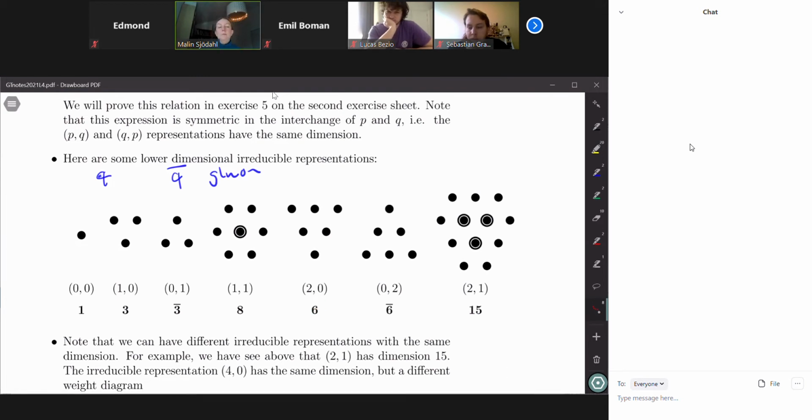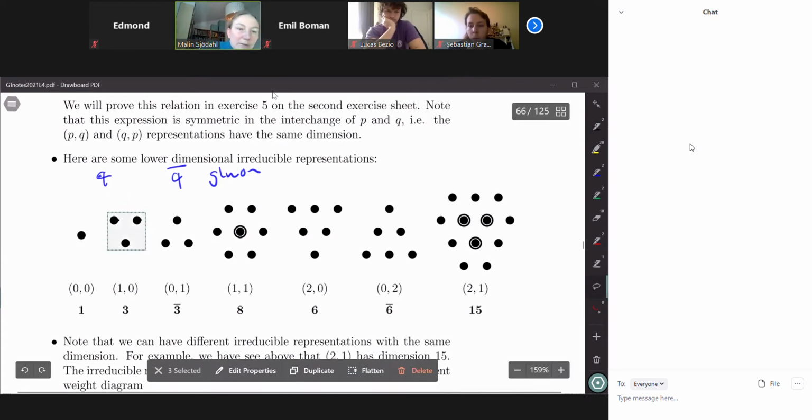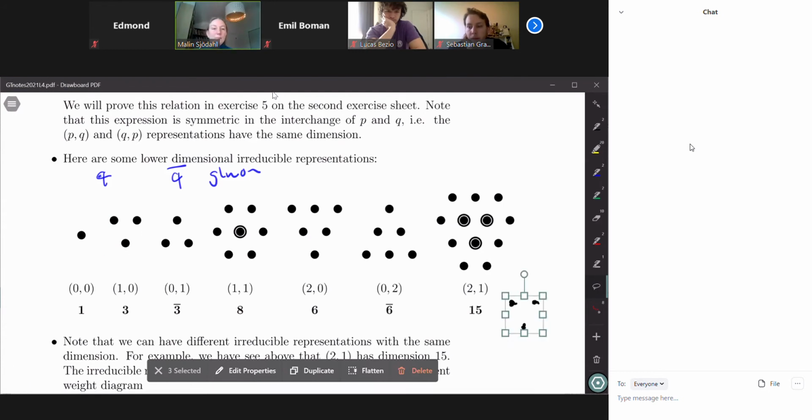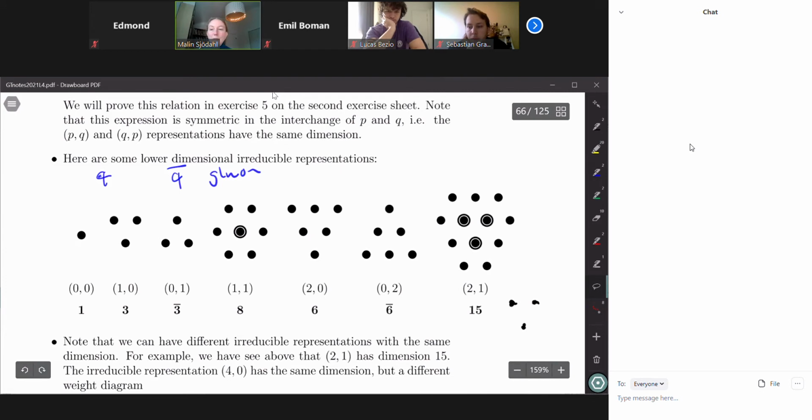And when we combine representations, we do it much like we did it for the quarks, for the SU2. So what we do is that we start with some multiplets. For example, we start with the triplet multiplet, and now I'm drawing black dots on a black background, so it's not visible, but I want to copy it over here. So this is my triplet representation.